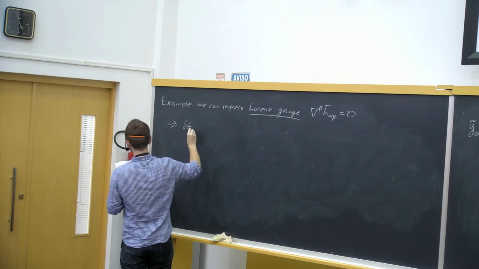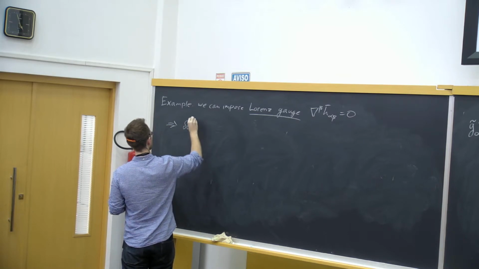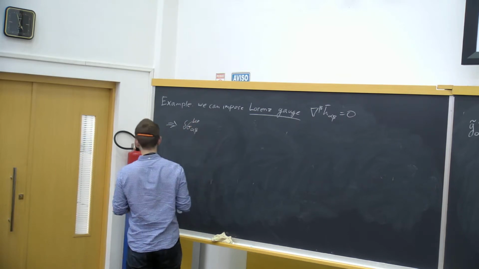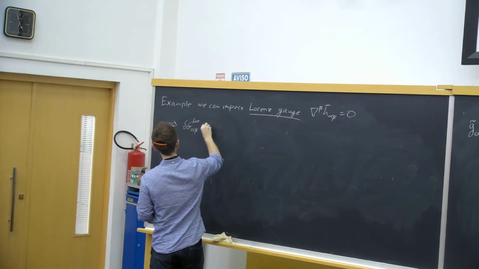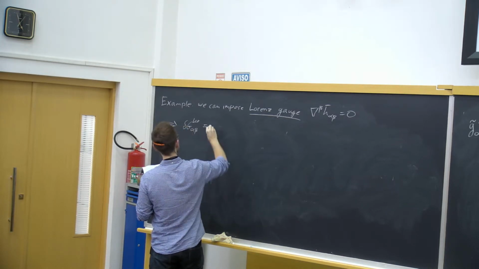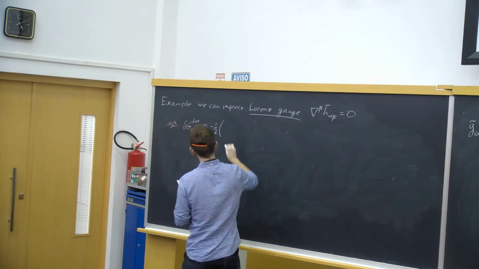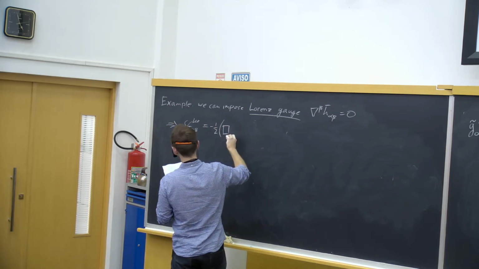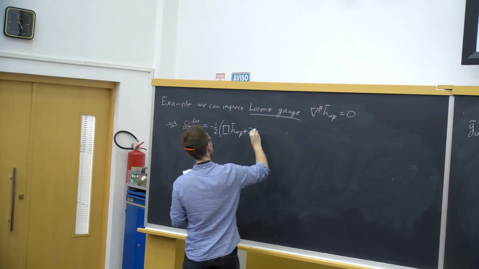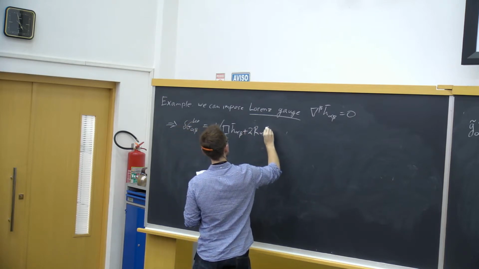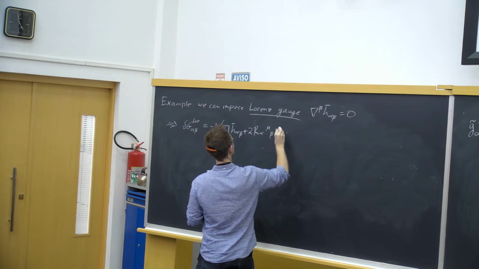So in the Lorentz gauge, the linearized Einstein tensor is -1/2 times the box of h bar plus 2 times Riemann tensor contracted into h bar.